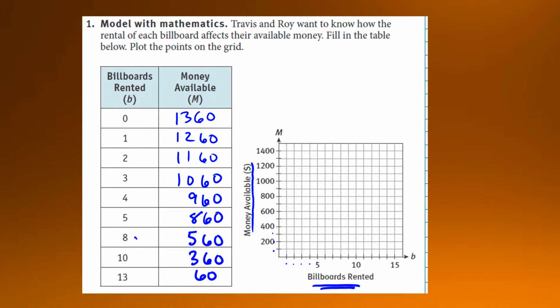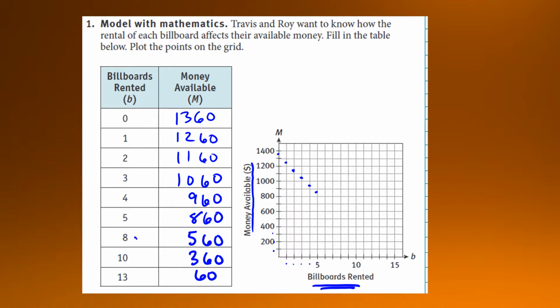So they start off with 1360, so that's going to be like around here. And then for one, they'd have 1260. For two, they'd have 1160. Oops. For three, they'd have 1060. For four, they'd have 960.